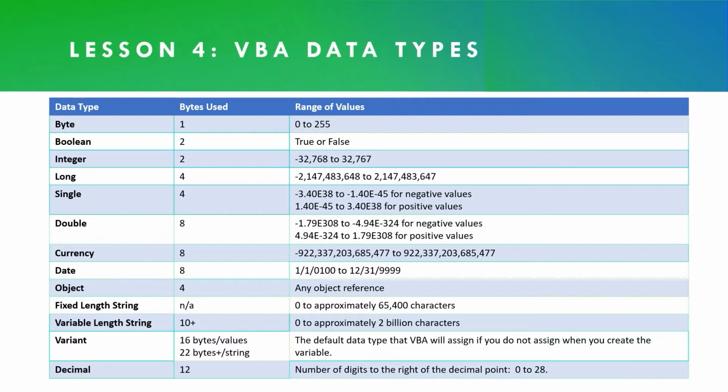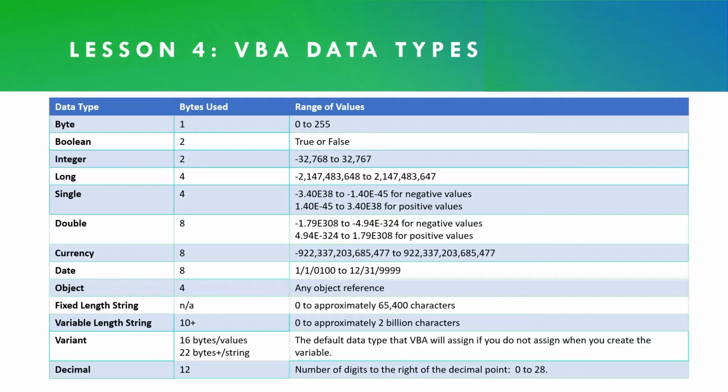A Boolean data type uses 2 bytes and has either true or false as its range of values. You have integer, long, single, double, currency, and then at the bottom you have the decimal data type. Those are your numeric data types. They use varying bytes and they have varying ranges of values.